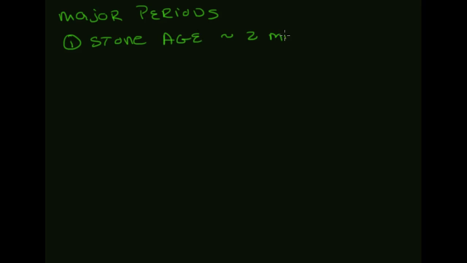Okay, so we're going to describe some major periods of technological development. The first one is going to be the Stone Age. The Stone Age is about 2 million years ago. In the Stone Age, the obvious is that we made stone tools. So this is the first time we shaped stones in order to make tools so that we can modify our world.